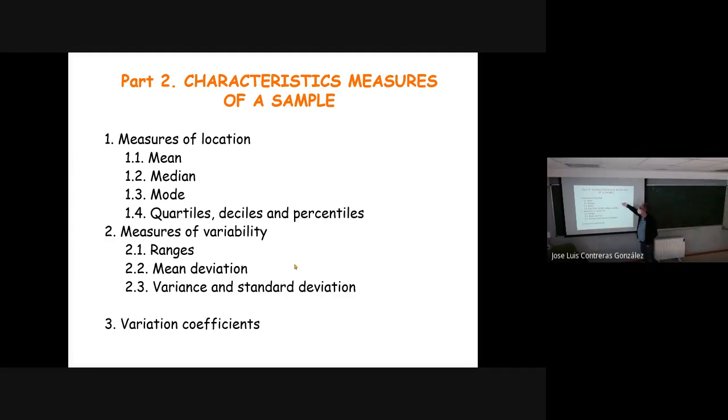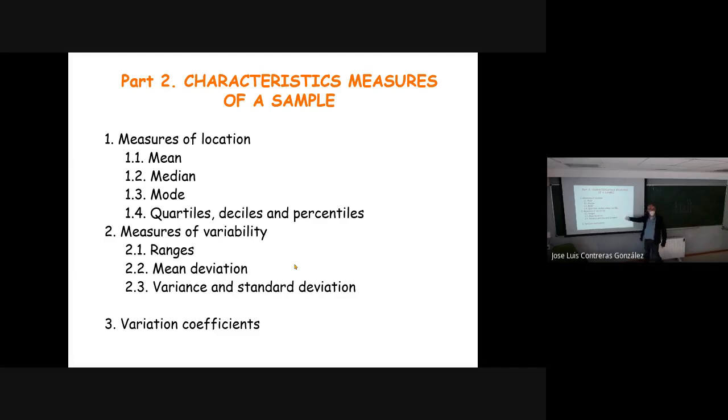First of all, we'll study measures of location. Imagine that this is like a mountain. We have our histogram, our bar chart, which is something like this. You can imagine it is a mountain. So first of all, we are going to give measures of location.